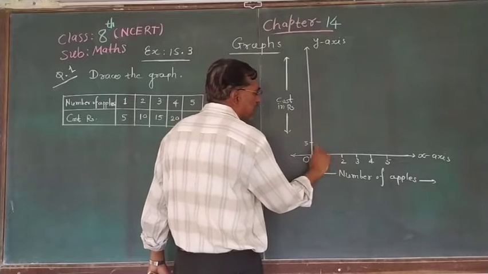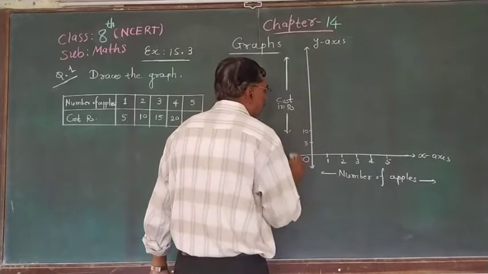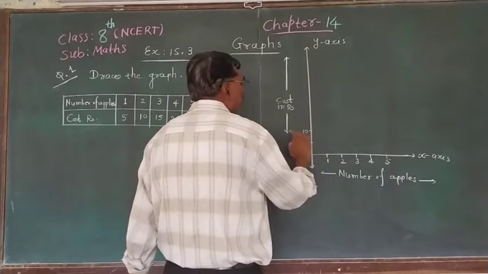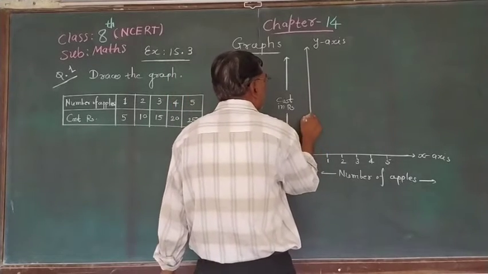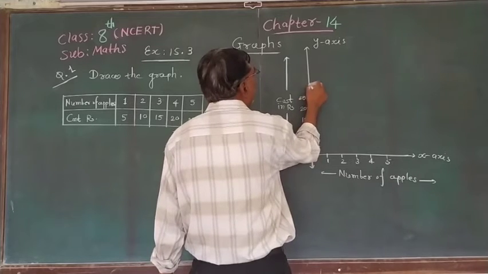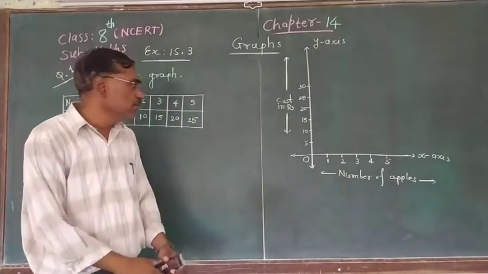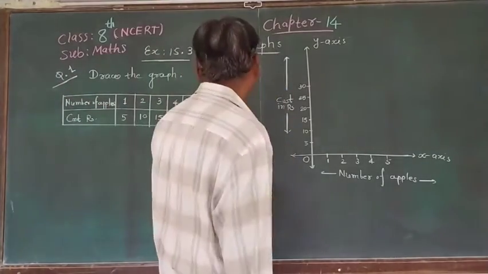The distance must be the same at every place, otherwise your scale will be wrong. 5 centimeter equal to 5 rupees. Then 15, 20, 25, 30, whatever, but it must be in order.